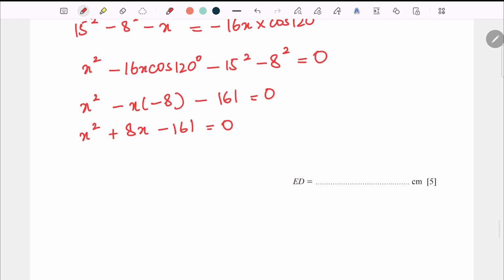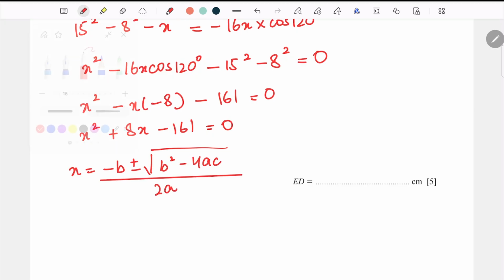Now I'll use the quadratic formula to solve this. x is equal to minus b plus minus square root of b squared minus 4ac divided by 2a. Here basically b will be 8, c is minus 161 and a is 1.